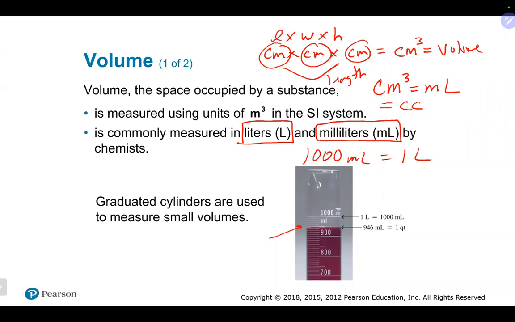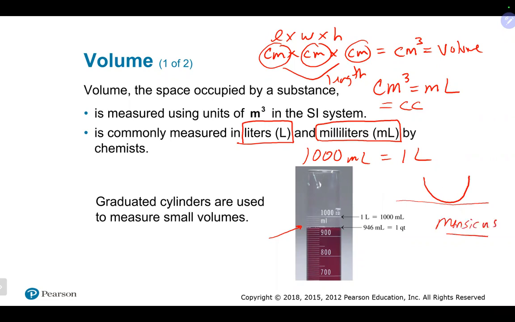And typically when we do take readings of a liquid in a container, like a graduated cylinder, we typically will see the curvature of the liquid. And that curvature of the liquid is what is known as the meniscus.